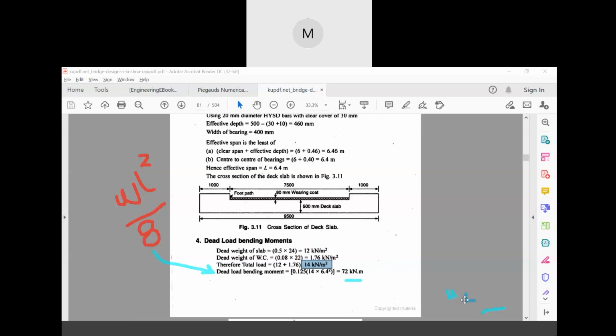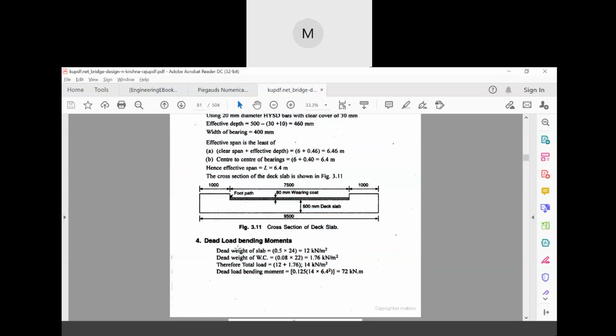I have a question, sir. In the question, it says design an RCC slab. But we're using the PCC unit weight, sir. Any reason? Look, one unit weight doesn't matter that much.